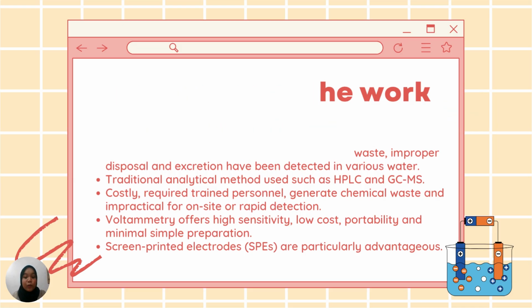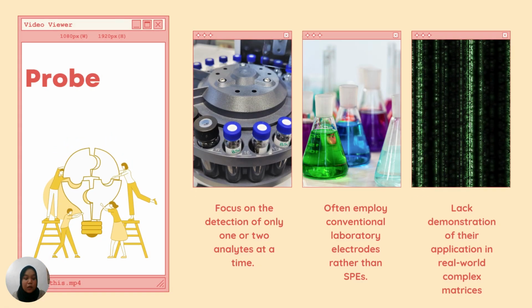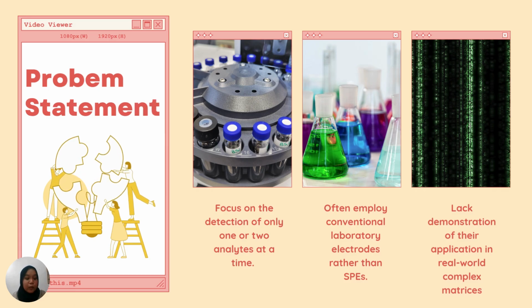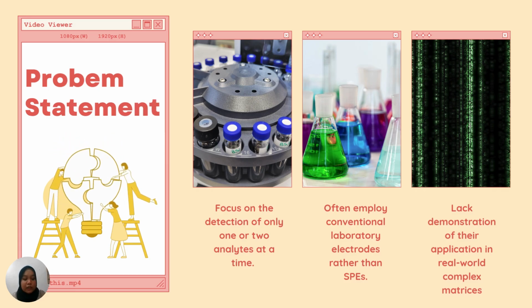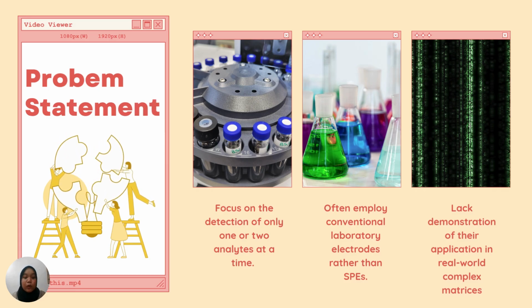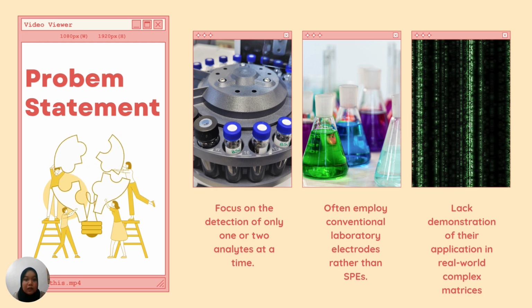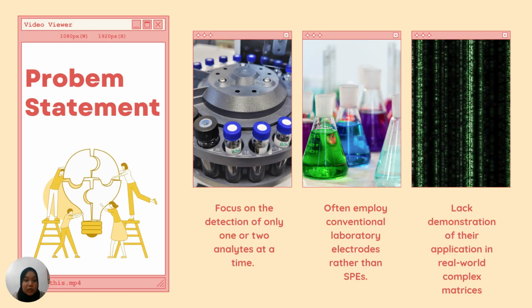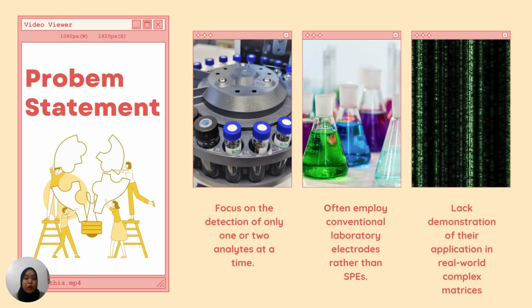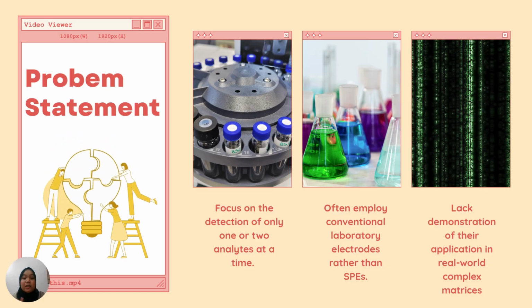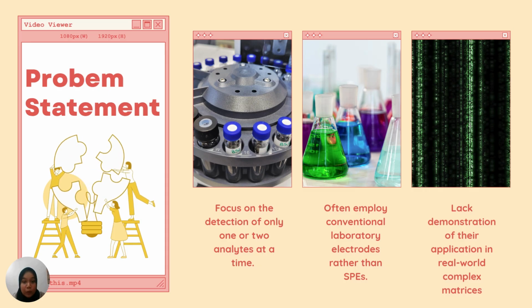Next, we go to the problem statement. Despite the promise of voltammetric techniques and SPE, most reported studies have some problems. Some of them focus on the detection of only one or two analytes at a time. The second is that they often employ conventional laboratory electrodes rather than SPEs.